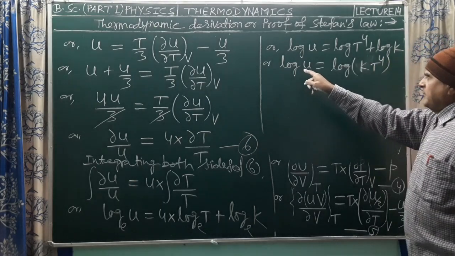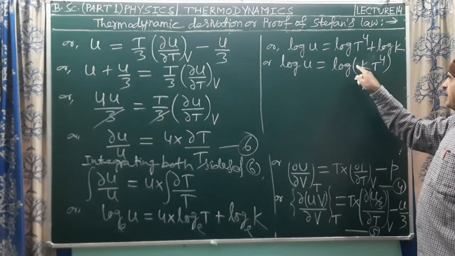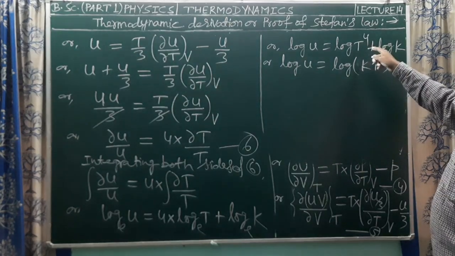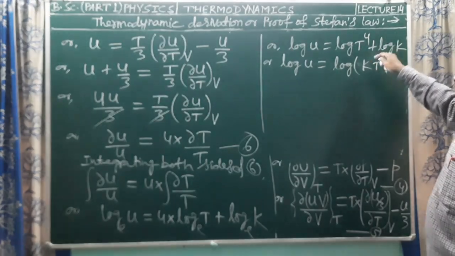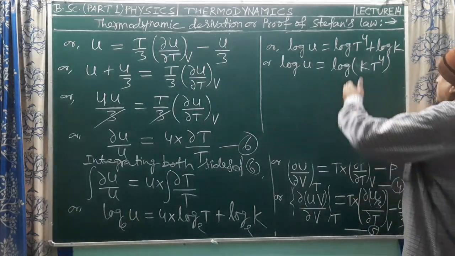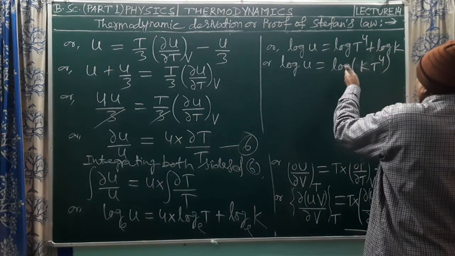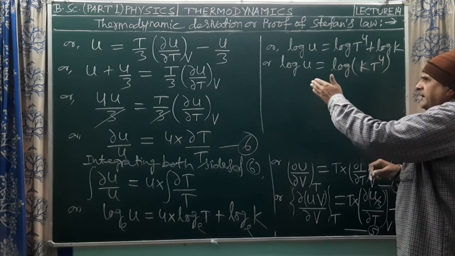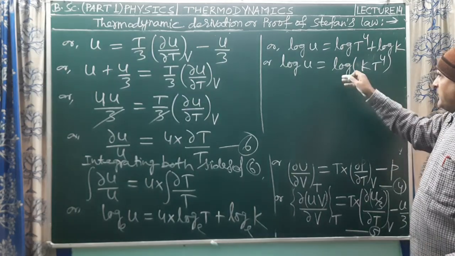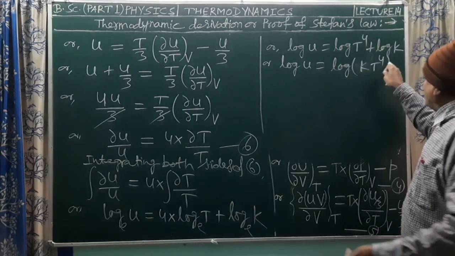That is we have now log u is equal to log under bracket k t to the power 4. एक बार फिर से RHS में log का प्रॉपर्टी यूज किया गया, log m plus log n is equal to log mn. So log t to the power 4 plus log k equals to log under bracket k t to the power 4. अब both sides में log है, therefore we can write now logarithm in both sides, log u is equal to log k t to the power 4.